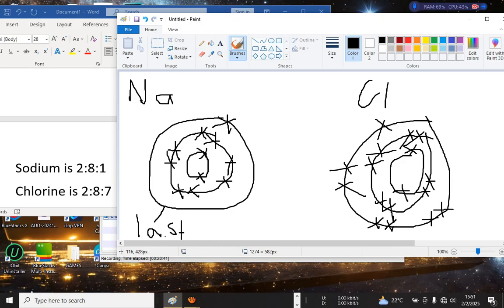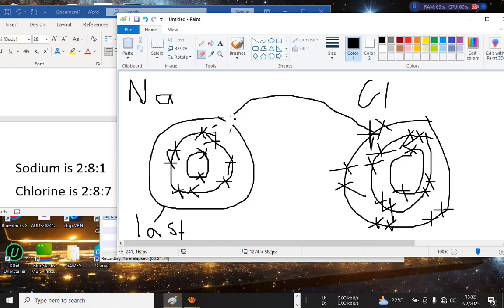Now what will happen under ionic bonding? Under ionic bonding, this one electron of sodium will be lost, and it will migrate to chlorine. Chlorine will obtain this electron. So for sodium, this electron was lost, meaning the third shell had one electron.